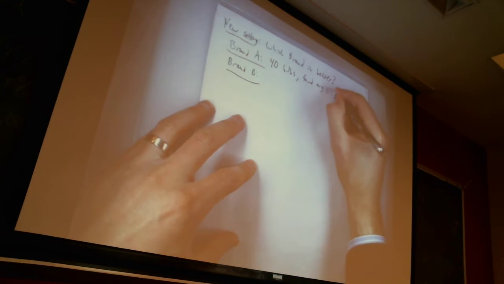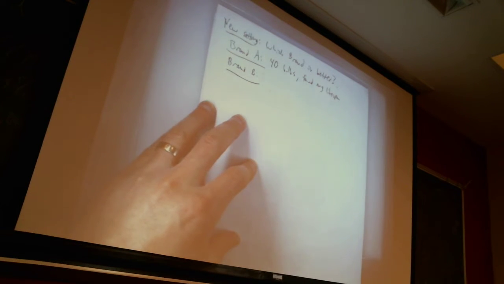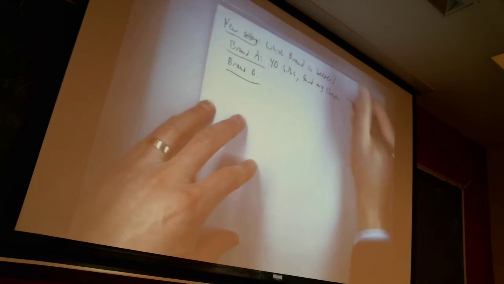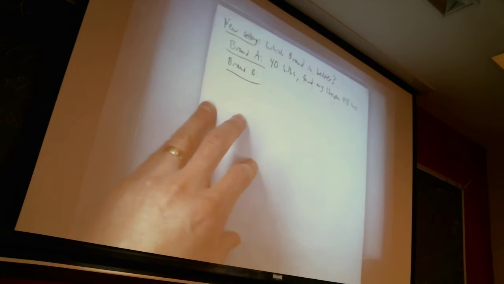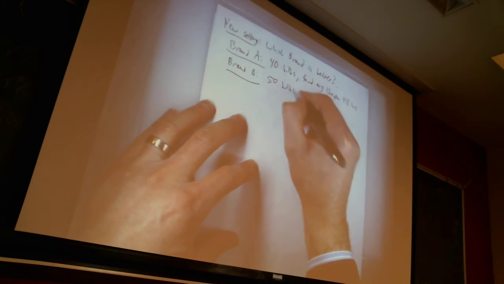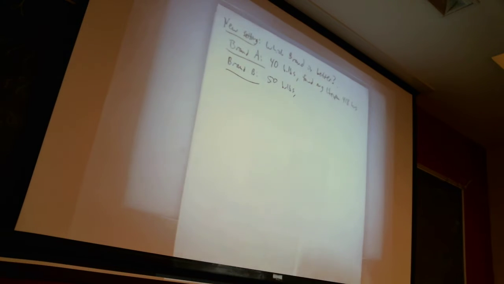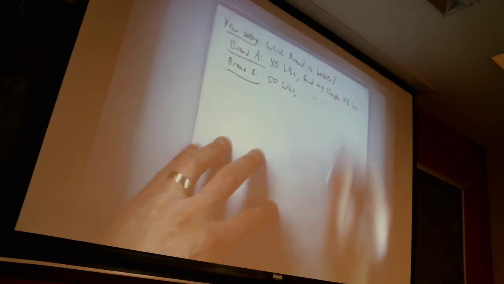The average lifespan, I'm just giving you some numbers so you feel comfortable with numbers. 418 hours. We could just make these numbers up. And then let's say you're going to test 50 bulbs of brand B, and the average lifespan you saw there was 402 hours.